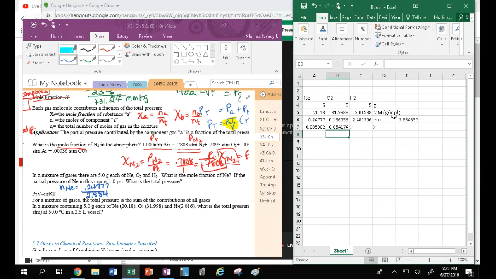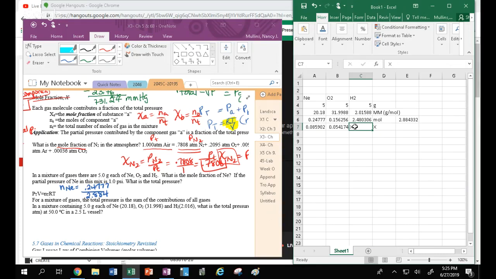How can I find the mole fraction of hydrogen easily? What do all fraction pieces have to add up to? All fractions, 1. You have 1 pie, you cut it up into 8 pieces. All the pieces will eventually make that 1 pie.